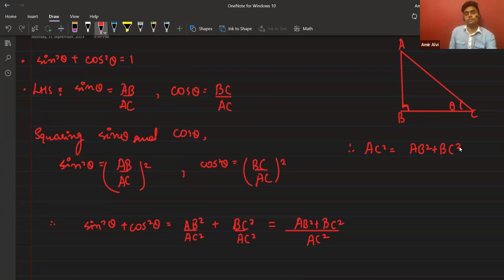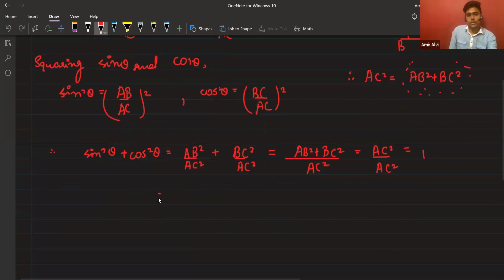So this is AC square by AC square, which is equal to 1. So now we have proved that sin square theta plus cos square theta is equal to 1.